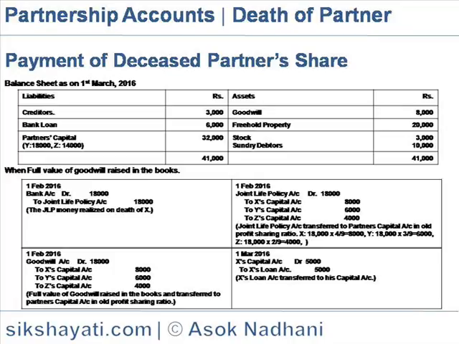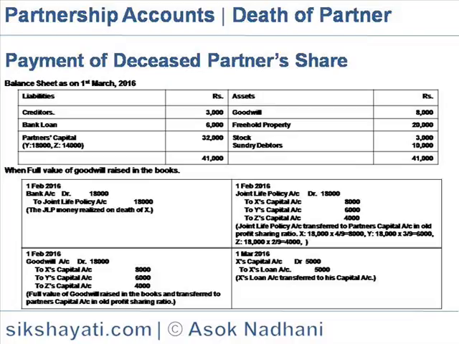The joint life policy money realized on death of X would be transferred to the respective capital accounts. So credit would be given to X's capital account 8,000, Y's capital account 6,000 and Z's capital account 4,000 in the old profit sharing ratio. So X gets 18,000 into 4 by 9, 8,000, Y gets 18,000 into 3 by 9, 6,000 and Z gets 18,000 into 2 by 9, equal to 4,000.